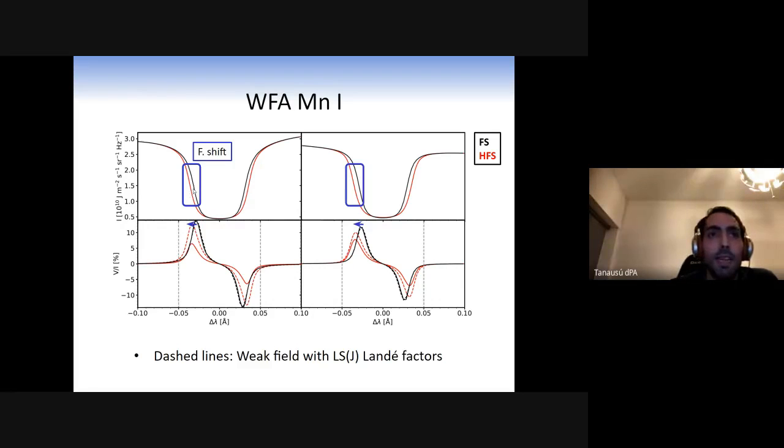That makes the intensity profile wider, and this translates in a shift in the peaks of the fit profile. But what also happens is that the signal of the circular polarization is decreasing. So if now we were to apply the weak field approximation to the solid red curve using the Landé factors of the fine structure, we will significantly overestimate the signal.